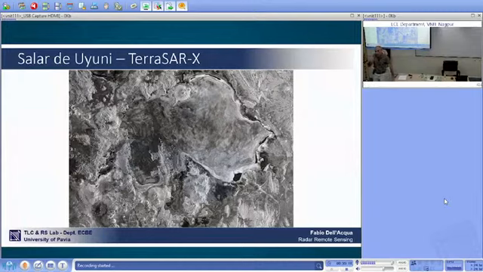When you use optical remote sensing, you're always looking at the surface of objects, except for transparent ones. So if you're looking at water, obviously it's a different story. But if you're looking at objects that are opaque, like most of the time when you look down to the Earth, then you're looking at the surface. Whatever happens inside, you won't see it.